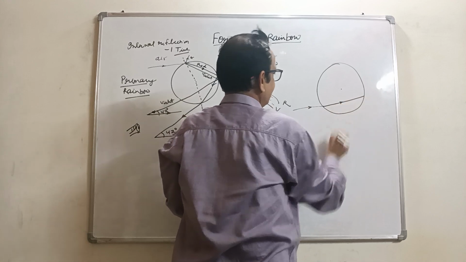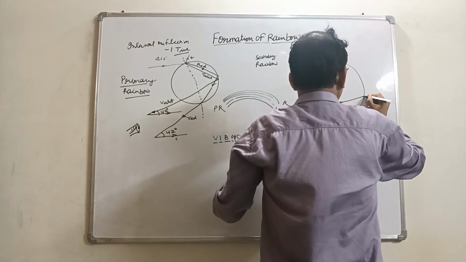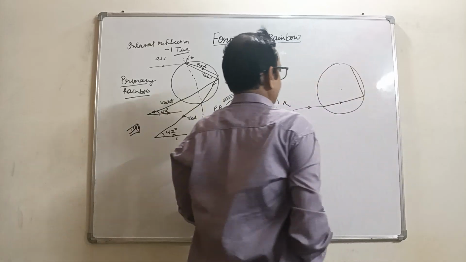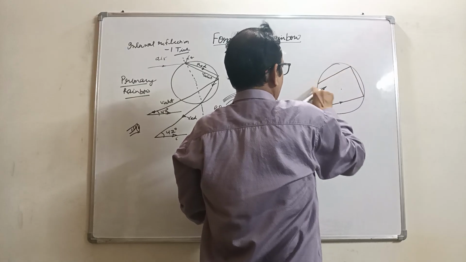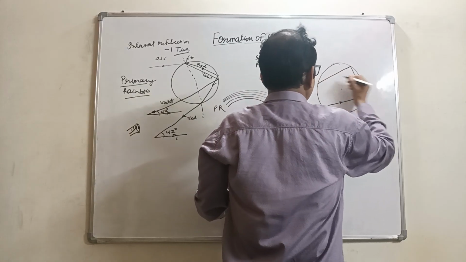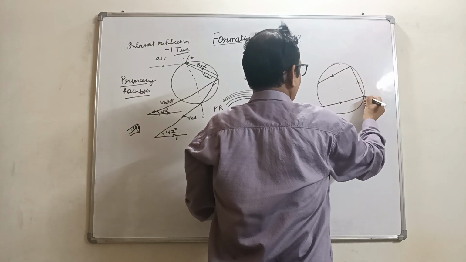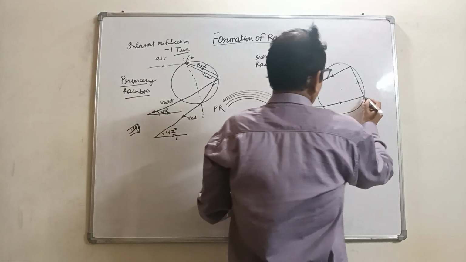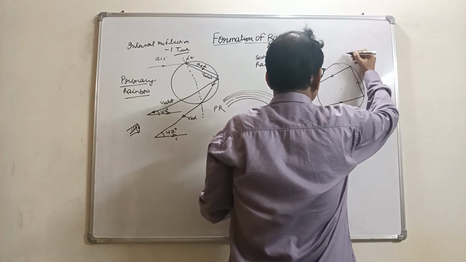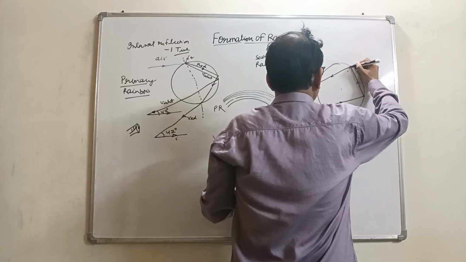This is the refracted ray, and here the ray is reflected, and here also reflected. So here two reflections happen. First reflection and second reflection. This is two times internal reflection.